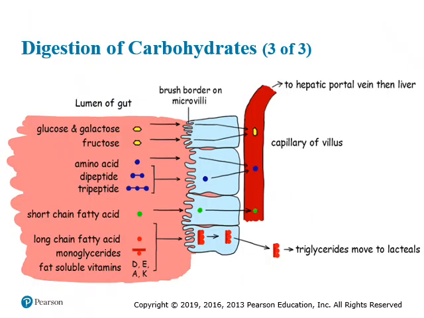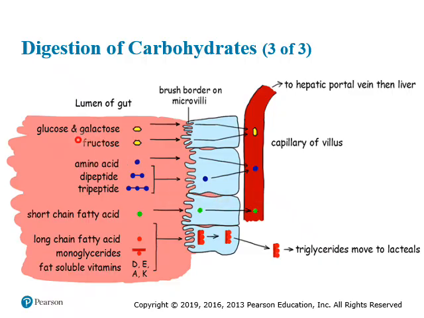Here is a closer view. This pink area is the lumen. And these four are actually the columnar cells of the gut. And that's your capillary right there.